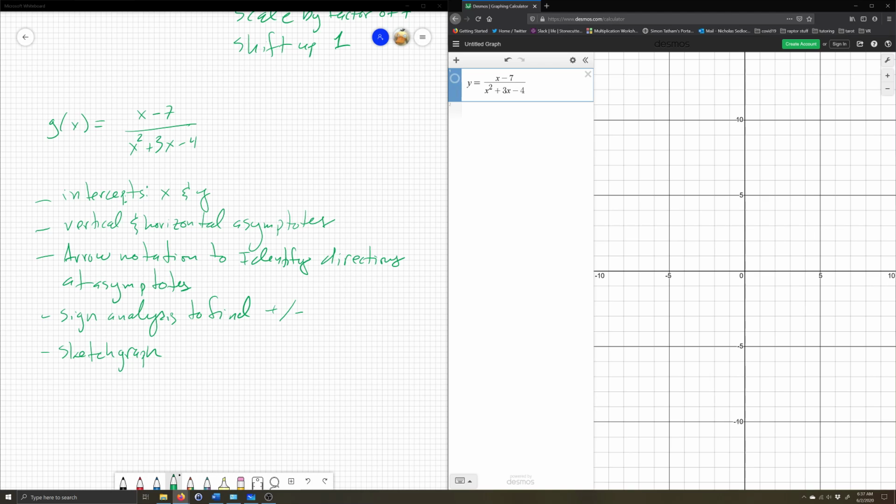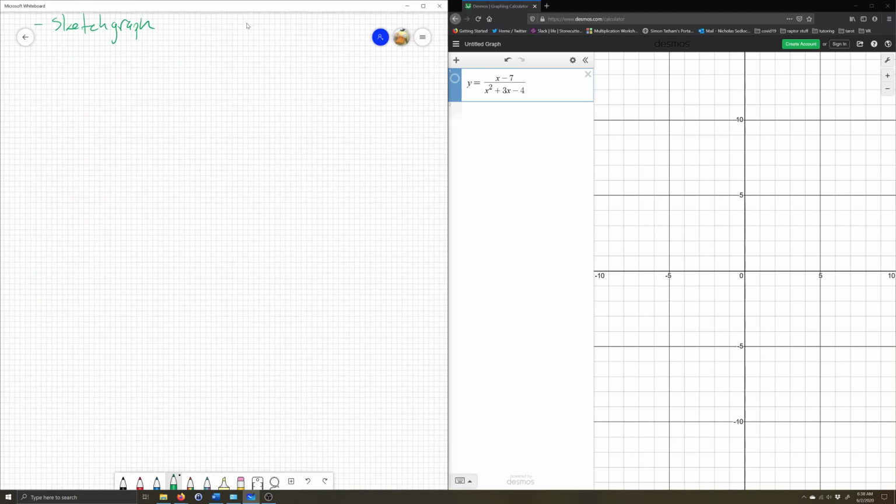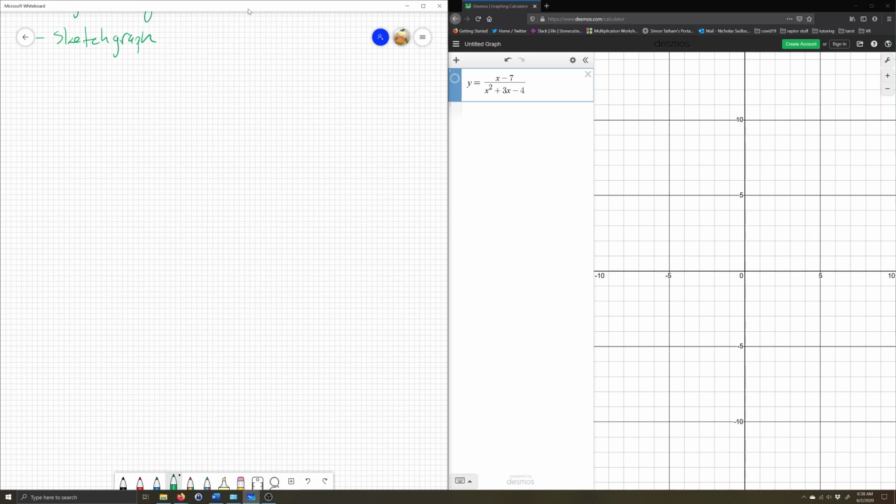All right, so the first step of the process here is going to be my function, so I think I called it f of x. I can factor the denominator, so I get x minus 7 over x plus 4 times x minus 1.